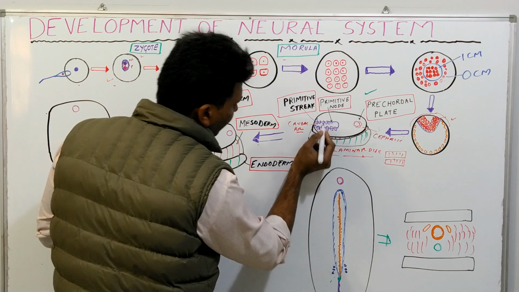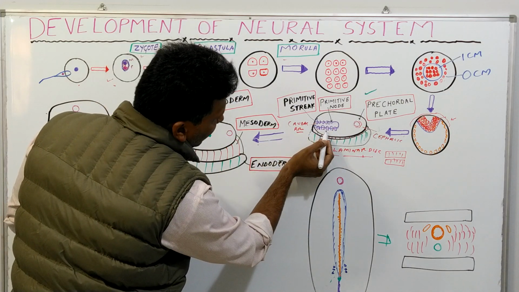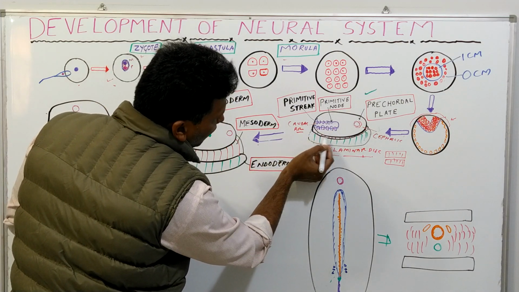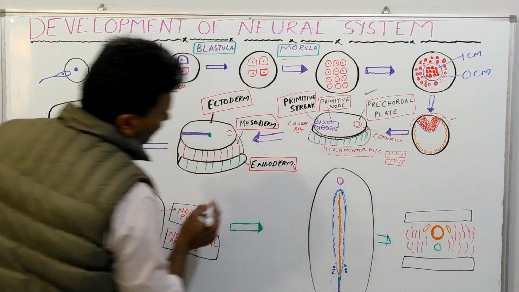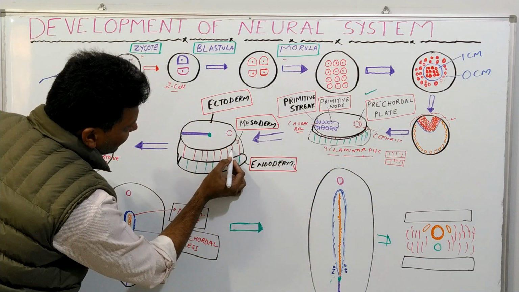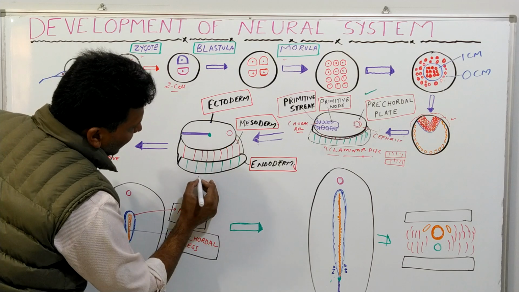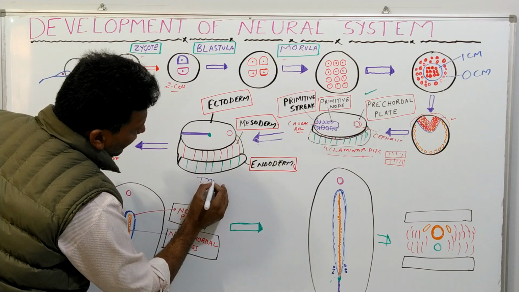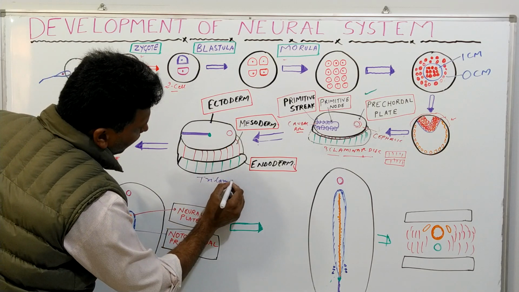When these cells go inside, under the ectoderm and endoderm, the middle layer forms, and that middle layer is called mesoderm. This is the formation of the trilaminar disc.